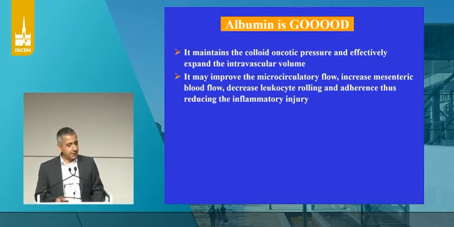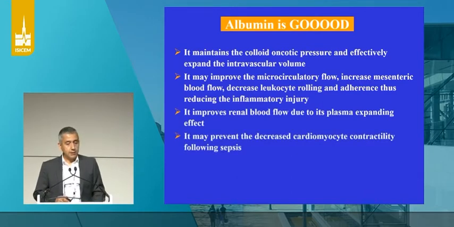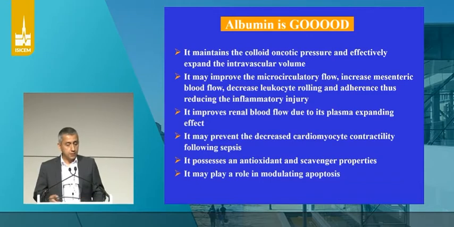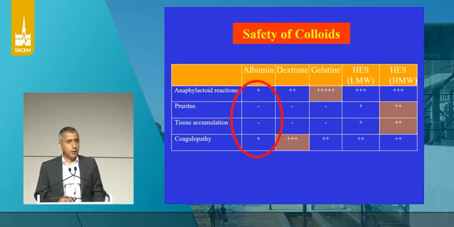It maintains the colloid oncotic pressure and effectively expands the intravascular volume. It improves the microcirculatory flow and renal blood flow and so on. It may also, according to some animal experiments, inhibit the sepsis-induced cardiomyopathy, and it has, of course, the antioxidant effects and the immune modulatory effects, and it may also increase diuretic effects when used simultaneously with furosemide.